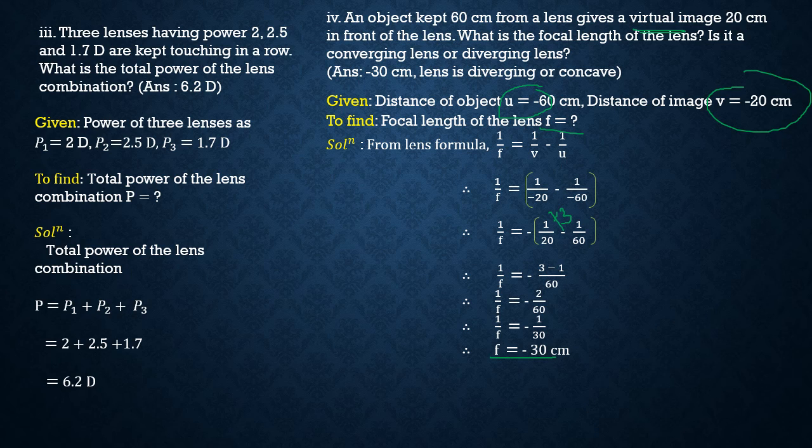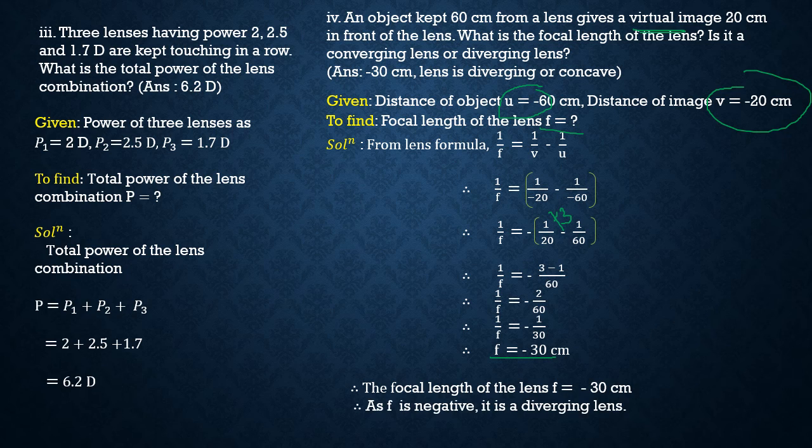But they are asking not concave or convex, they are asking converging or diverging. So what type is the concave lens? A concave lens is diverging, because it diverges the rays. Therefore the answer is that the focal length of the lens is f equal to minus 30 centimeter. As f is negative, it is a diverging lens.